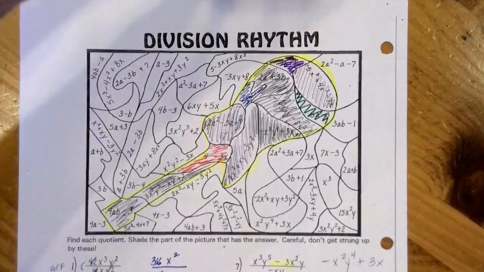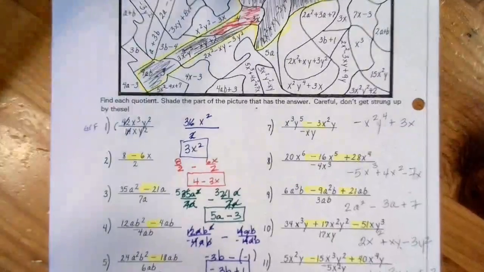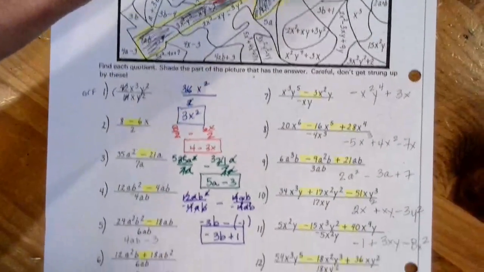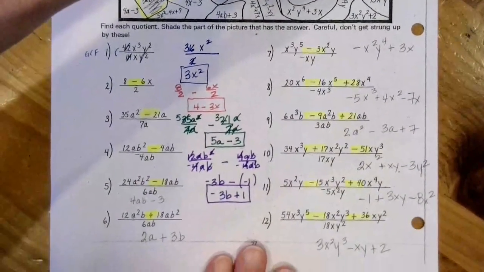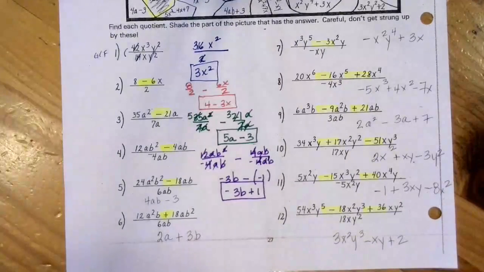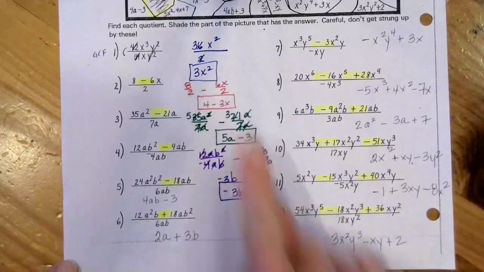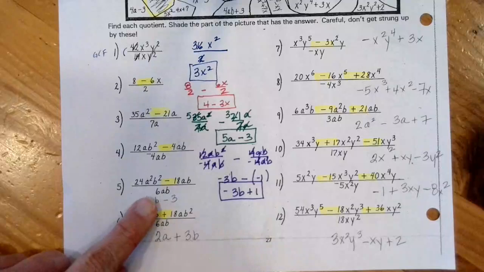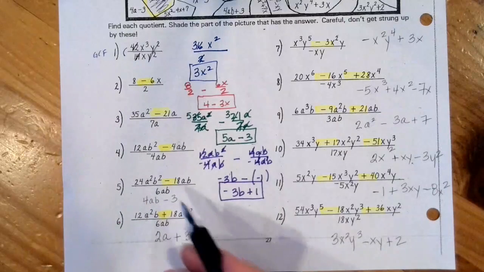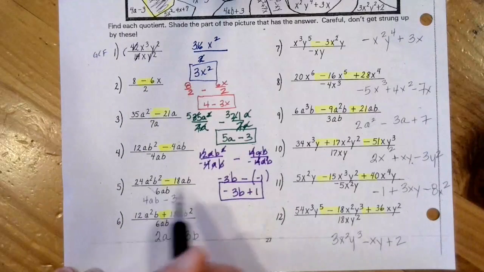Alright, so I'll scoot up so you can see my work a little bit better, or my answers. Once I stopped doing our work together, I went ahead and in my head just divided this, and then I divided this.